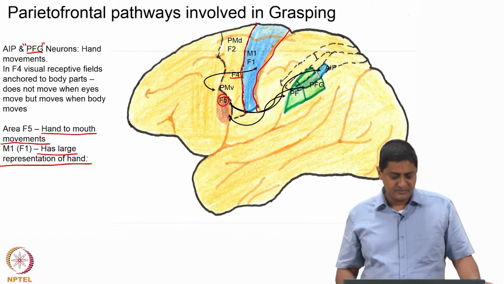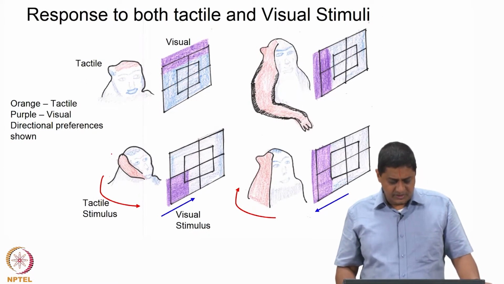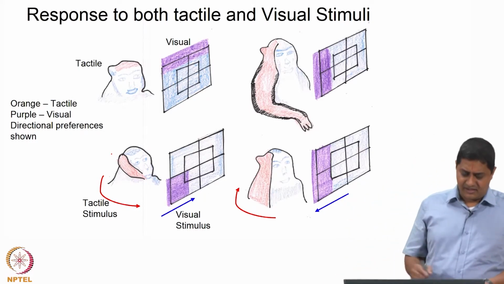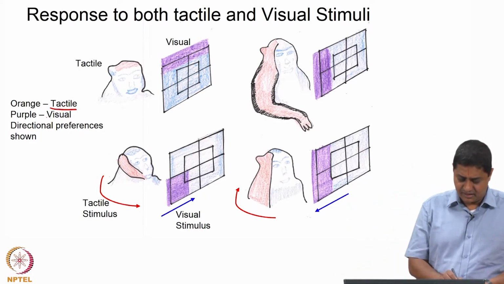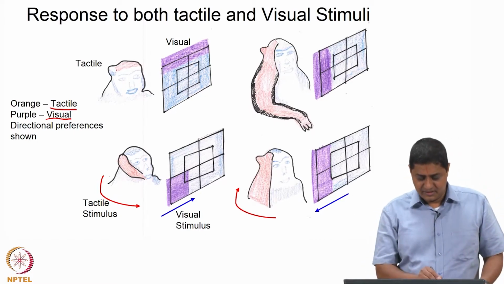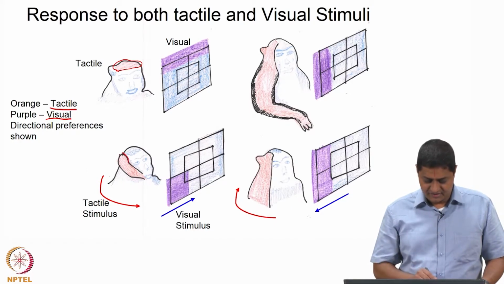movements. And anterior intraparietal neurons and the PFG neurons are believed to be responsible for hand movements. Also note that there are sets of neurons whose field of activity can be tactile or can be visual. So, what is presented here is a neuron whose tactile field is here.